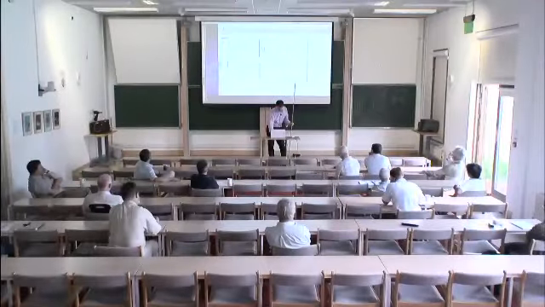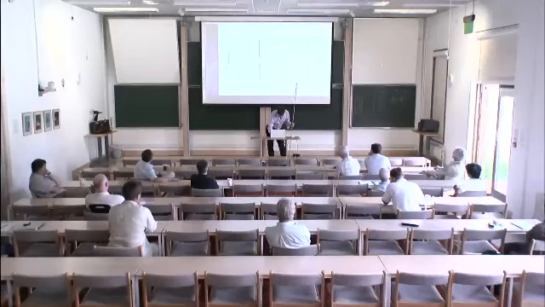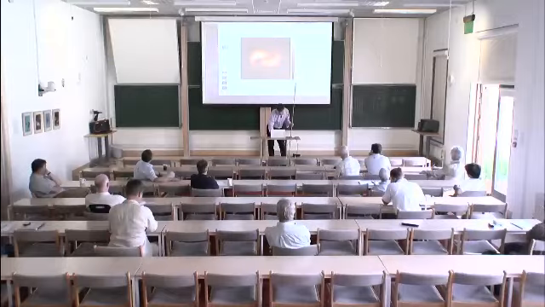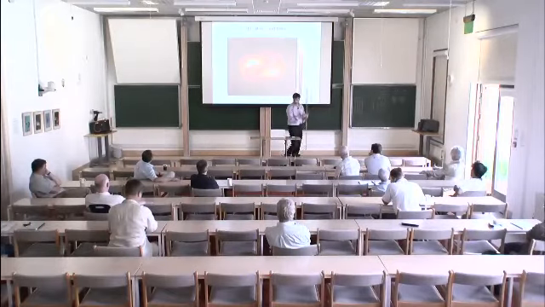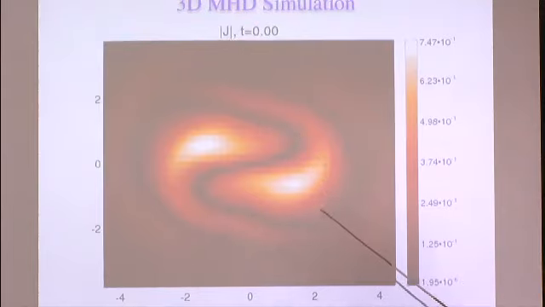And maybe at this point I can show you this movie again. What you see here is the current density taken in a cross section across the center of this tube, actually the modulus of the current density.